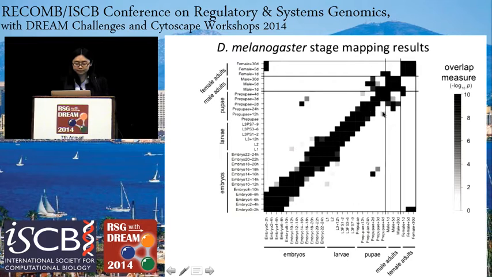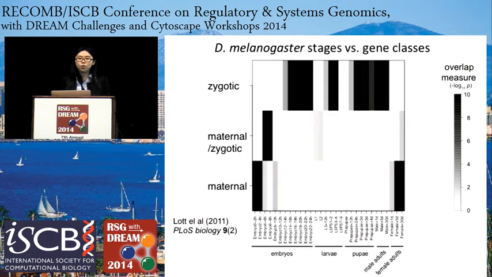In addition, we also see a very strong mapping between the fly early embryo stage and the female adult stage. So we're interested to find out the reason for that. And then we resort to some database that we can find. So this is a database we find that annotates the fly genes.